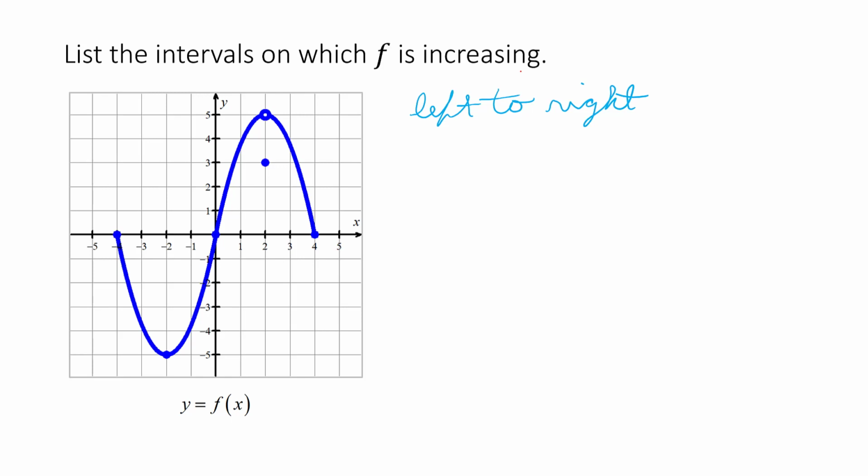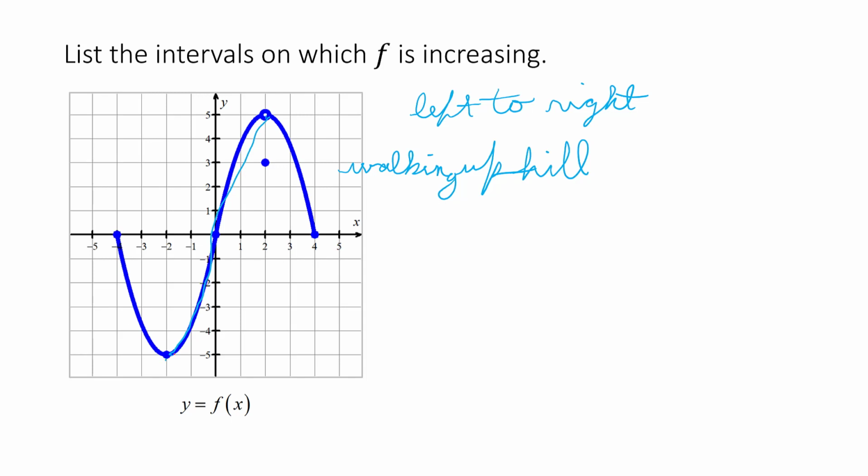If we go left to right on our graph, f is increasing where we're moving up. So we start moving up, or you can think of where we're walking uphill, because we're going to do some visuals here. So if I'm walking uphill from left to right, starting at x equals -2 up to x equals 5 here, I'm going to be walking uphill and nowhere else.